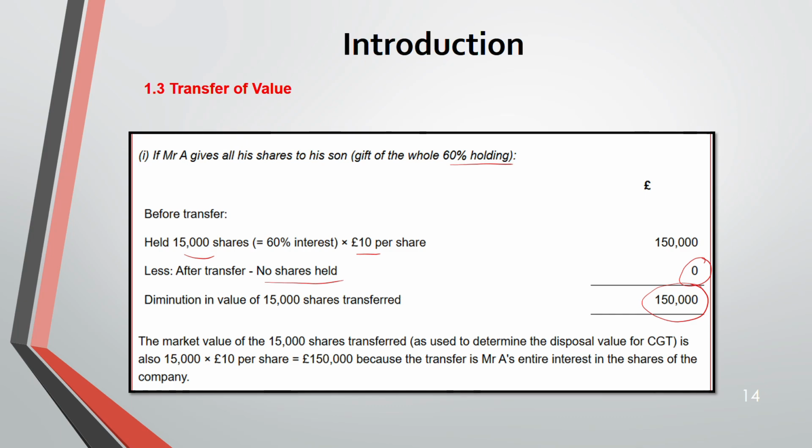Now, when it comes to CGT, remember this 150,000 market value would be the disposal value for CGT because you're disposing this much. On this you have to pay CGT if you are calculating capital gains tax.